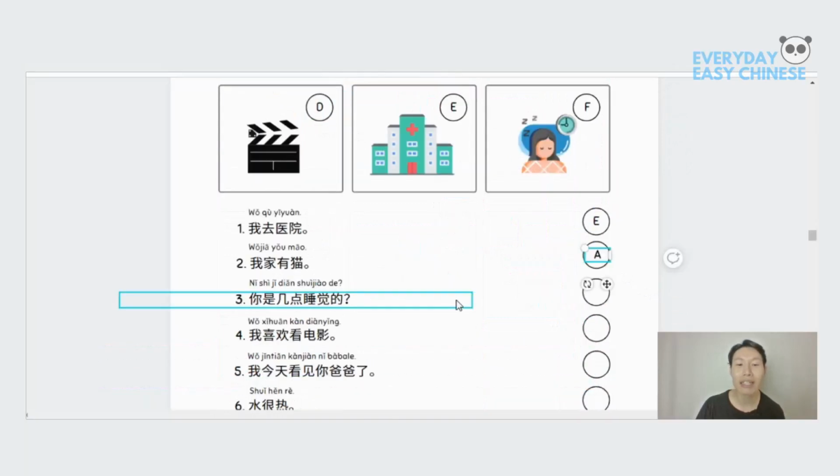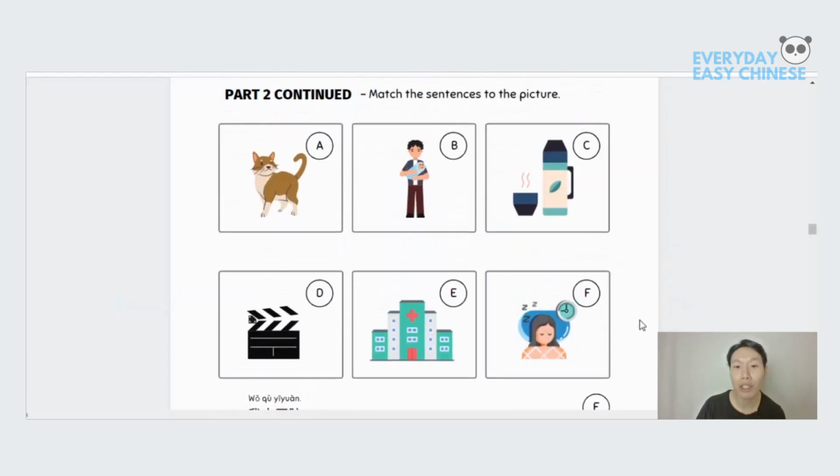Number 3, 你是几点睡觉的? So 睡觉, we can obviously see this is something to do with sleep. 你是几点 means what time. So what time do you sleep?